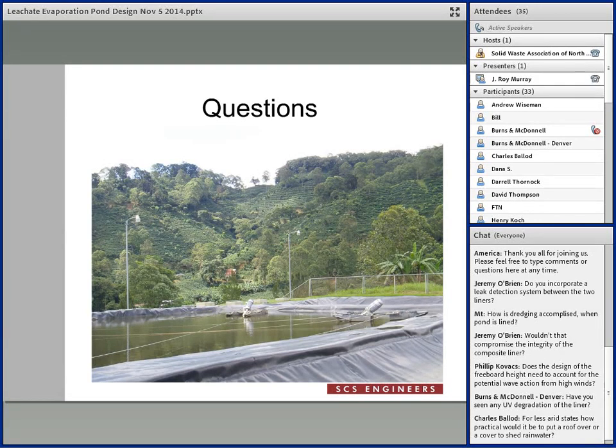For less arid states, how practical would it be to put a roof over a cover to shed rainwater? A lot of people have asked that question. And the problem is, how do you shed the rainwater without then putting the entire pond in shade, which would significantly reduce the evaporation?